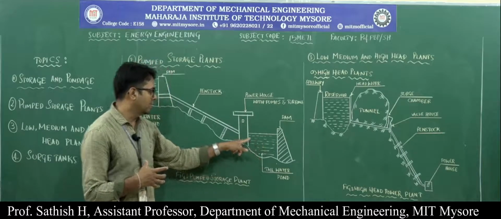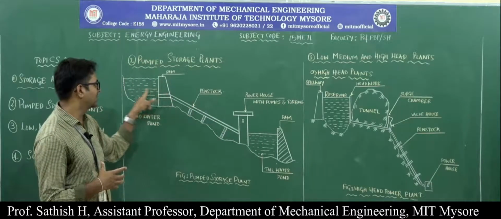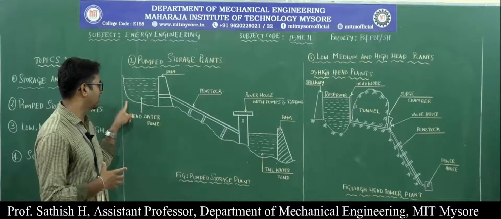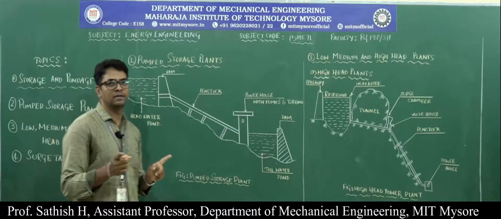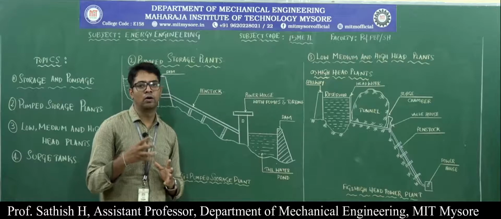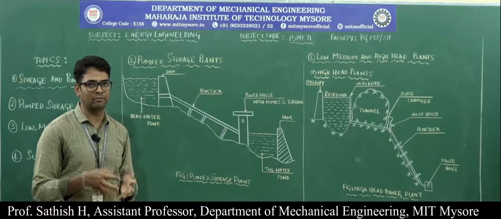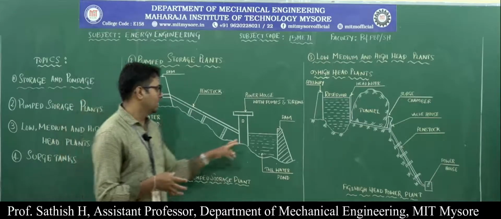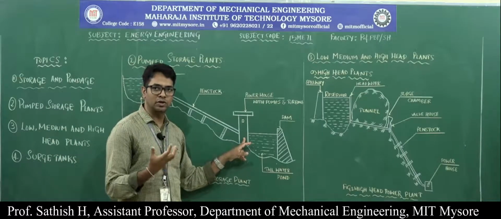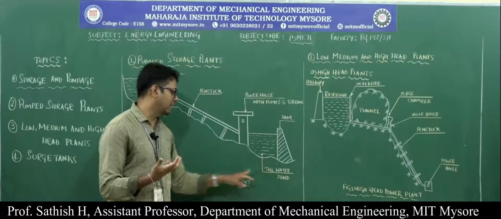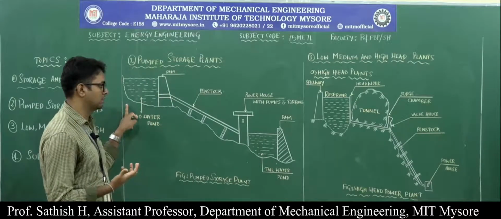From here the water flows in the reverse direction and is again stored in the head water pond. Remember, this is during the low load conditions, when the electricity demand is less, during the night time for example. Here the pump is used to lift the water from the tail water pond to the head water pond.